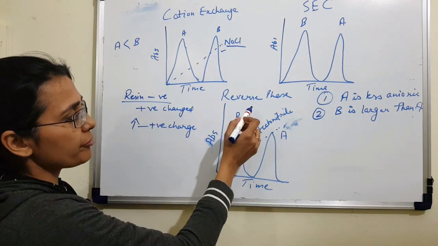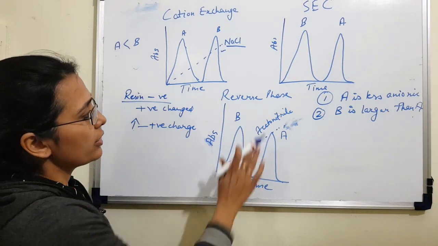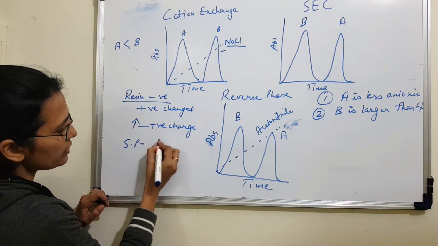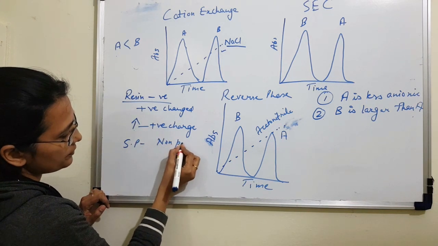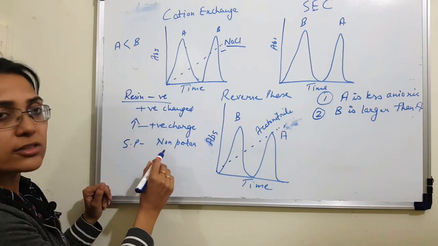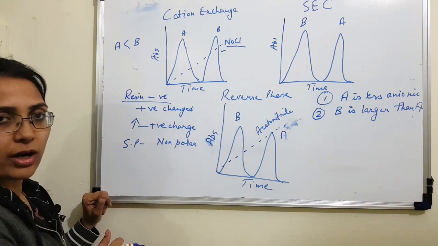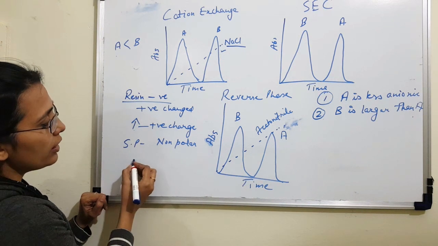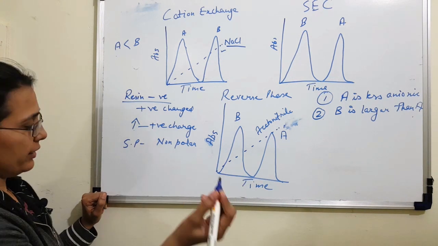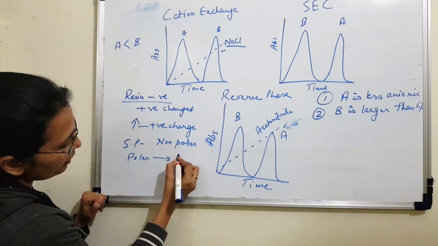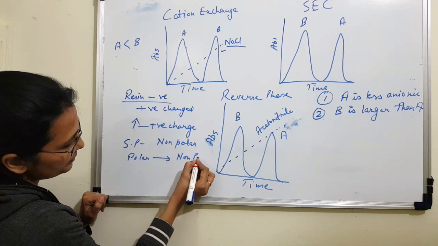The third graph is of reverse phase chromatography. Since it's reverse phase, your stationary phase is non-polar. So the separation in reverse phase chromatography is going to be in the decreasing order of polarity. The polar molecules will be separated first, followed by the non-polar molecules.